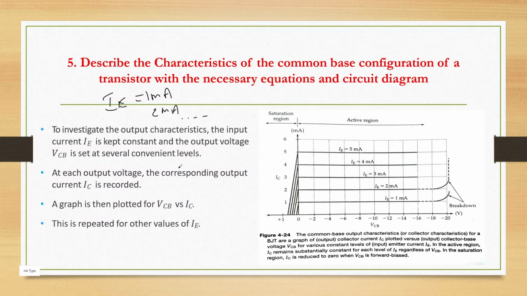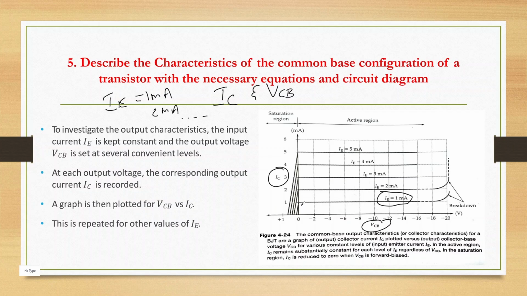Likewise, we keep it constant at certain values of current. We get the curve which is the relationship between the collector current and the collector to base voltage for a constant value of IE.